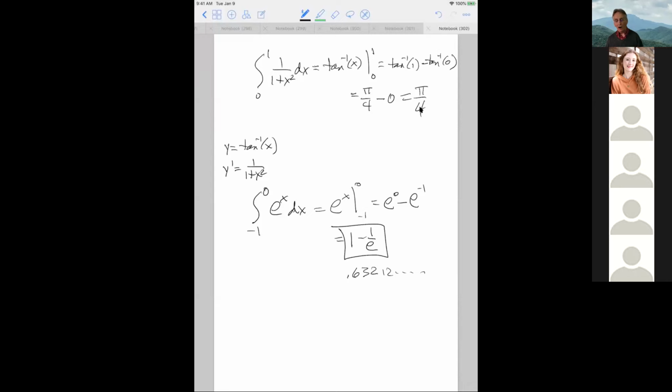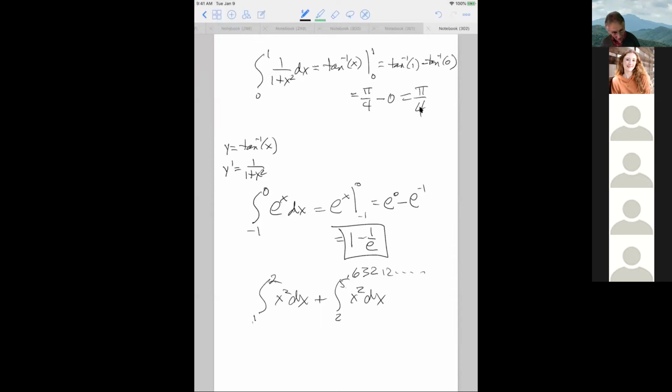Some of them are that if you have two integrals right beside each other, one going 1 to 2 and the next going 2 to 5, so the integral from 1 to 2 of x squared dx added to the integral from 2 to 5 of x squared dx, notice this one starts at 1 and goes to 2, and this one starts at 2 and goes to 5.